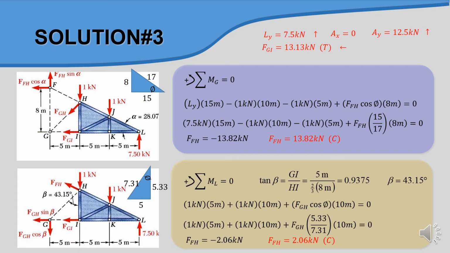And finally, for the value of FGH, so in order to get it, we will start by taking the moment at point L. By using a triangle, or you can proceed by using an angle.